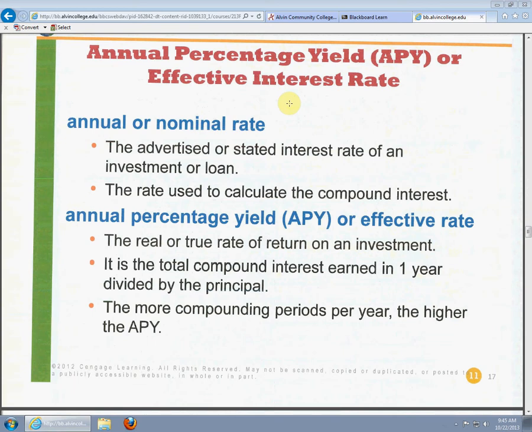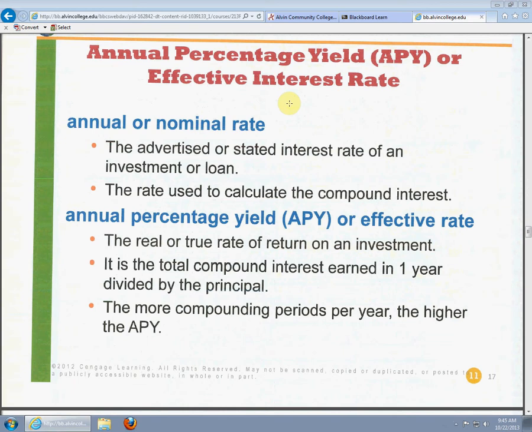It's the advertised or stated rate of an investment or loan, and the rate used to calculate the compound interest. And the annual percentage rate or effective rate is the real or true rate of return on investment. It is a total compound interest earned in 1 year divided by the principal. And the more compounding periods per year, the higher is the APY.